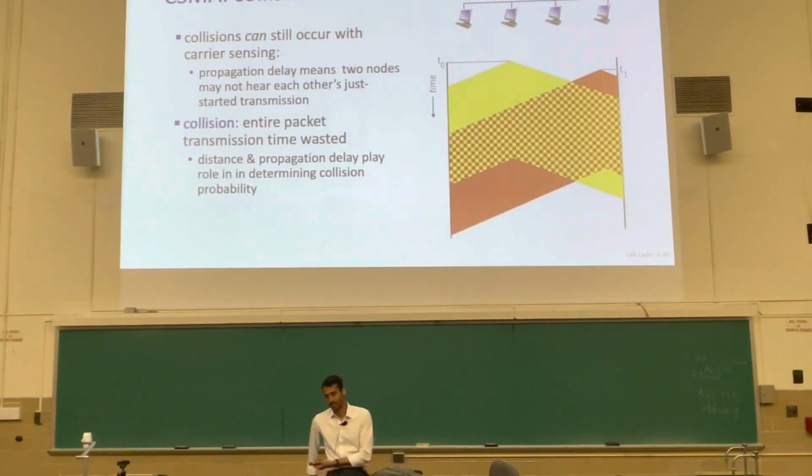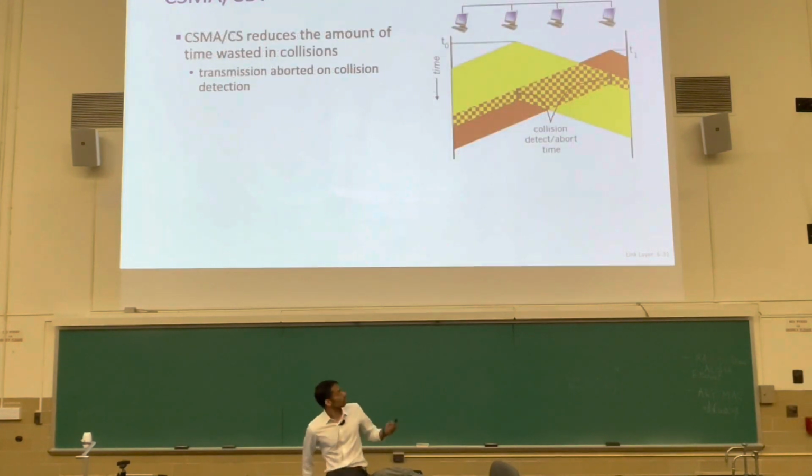This is what would have happened had they followed through the transmission. Instead, they're going to cut short their losses and, after this much collision detection time, abort the transmission. There's no point sending the rest of the frame because they've detected that a collision is happening, so it's not going to be decodable. This is carrier sense, multiple access with collision detection.